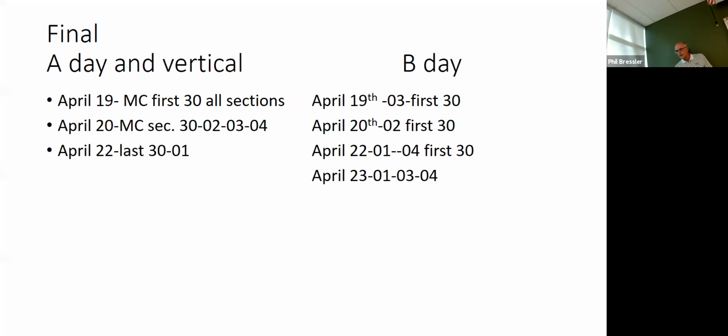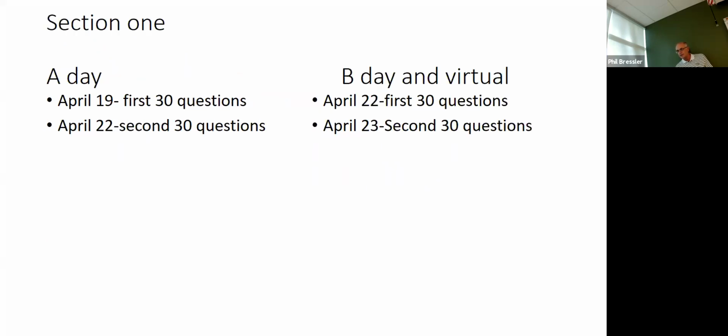All right, so on April 19th, the A Day guys will take the first 30 questions, and the B Day guys will do the FRQ. On April 22nd, the A Day guys will do the last 30 questions, even though a lot of you will be here A and B Day.